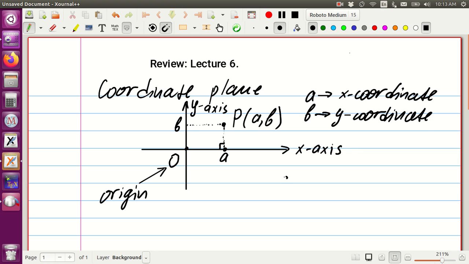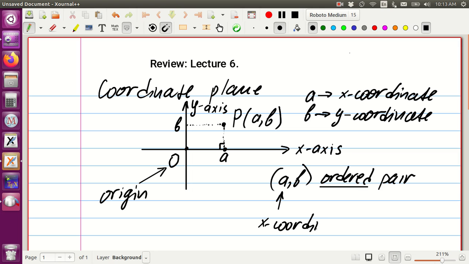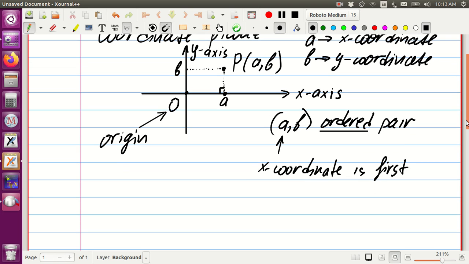And the AB is called ordered pair. Why ordered? Because first is always the x-coordinate, and y-coordinate is second.